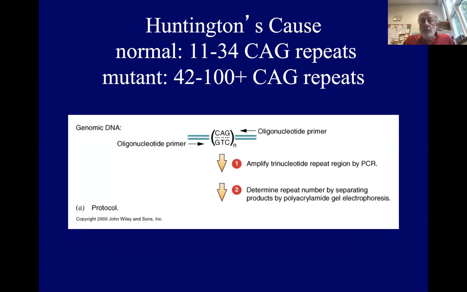So people with the normal allele have from 11 to 34 of these CAG repeats in the gene, but people with the mutant allele have anywhere from 42 to 100 plus of these CAG repeats. And the more repeats you have, the earlier the onset of the disease. Apparently there's a few cases of children coming down with it, so to speak, and they've got well over 100 CAG repeats. So a little bit of extra DNA in the wrong place, and you're basically screwed.